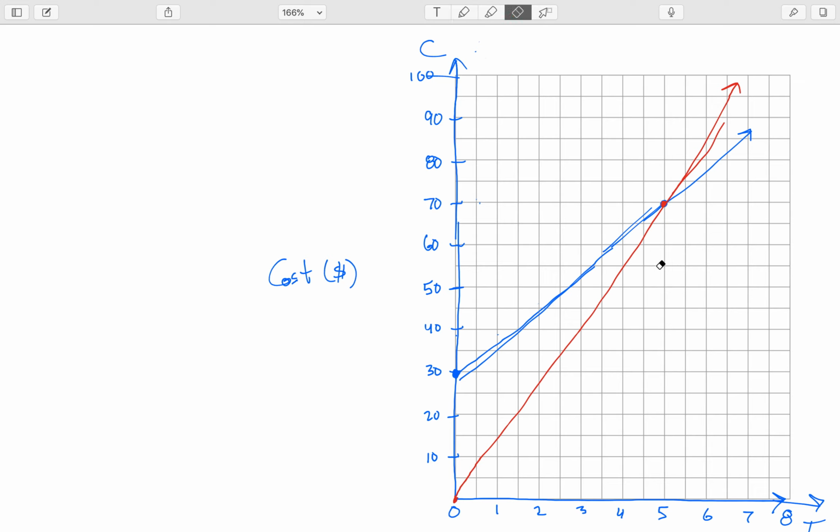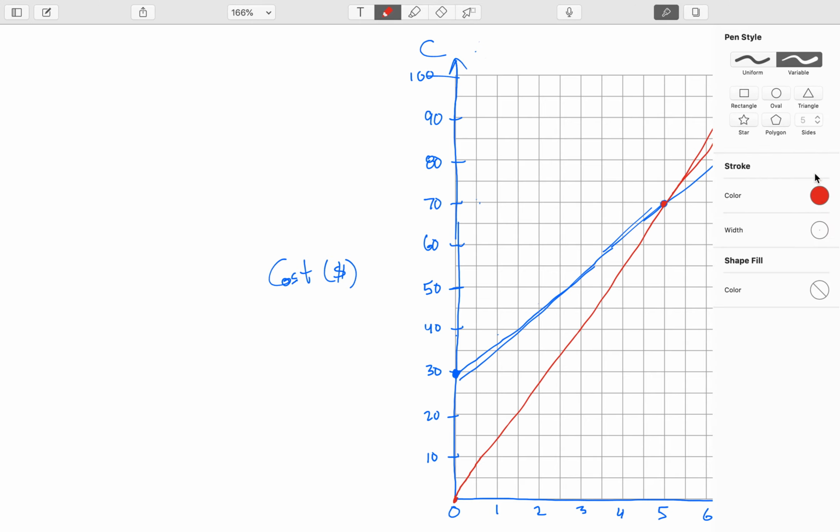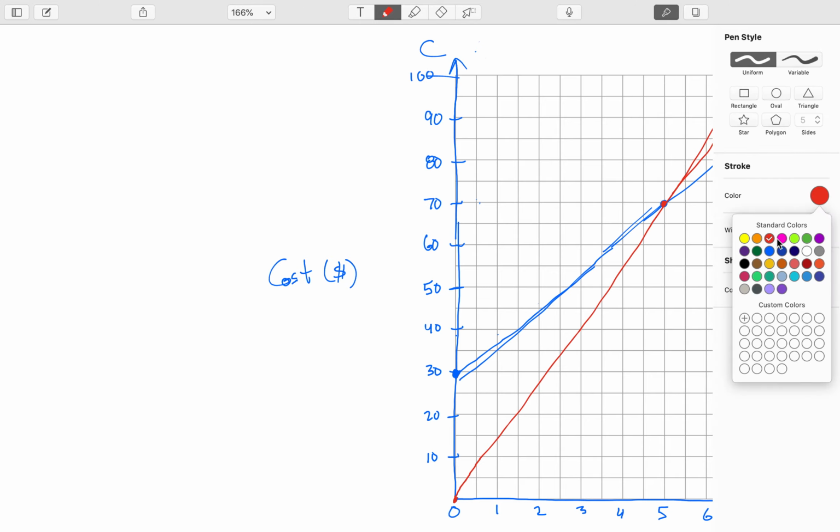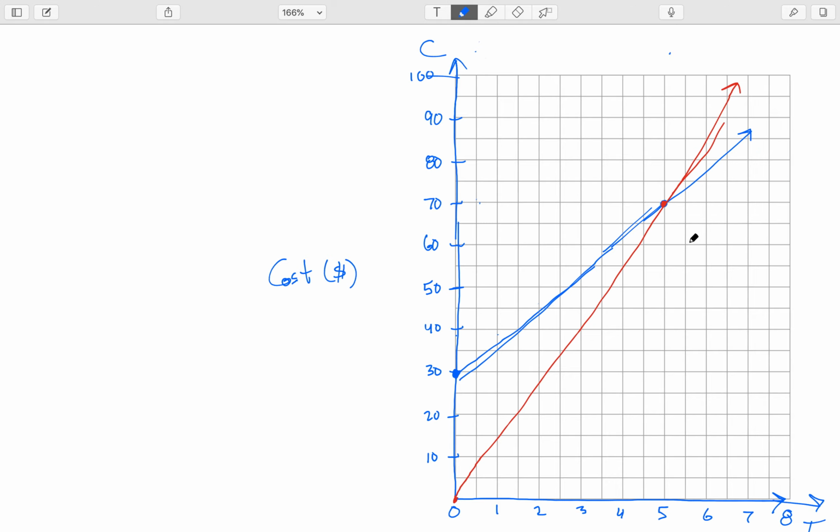So what does that mean? 70 is the intersection point, so the intersection point is 5, 70. In other words, at 5 hours, it's $70.